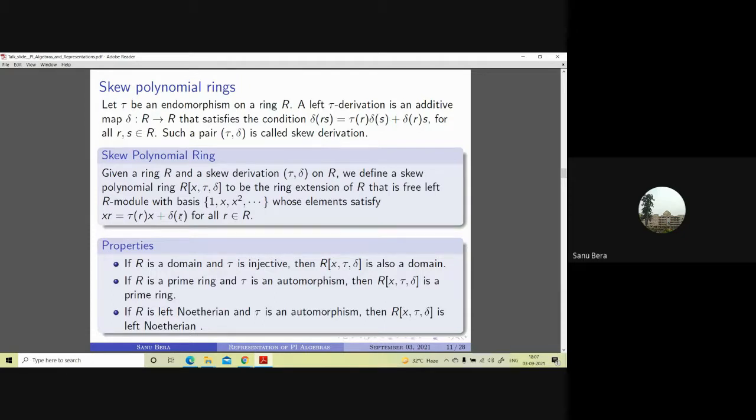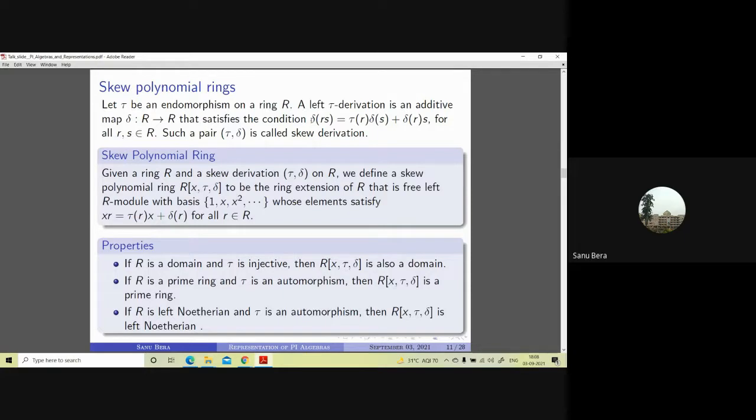But in terms of generators, if we define an algebra from that, to say whether it is prime or not is very difficult. So let tau be an endomorphism of a ring, and a left tau-derivation is an additive map that satisfies the product rule, twisted by tau, where tau is an endomorphism.